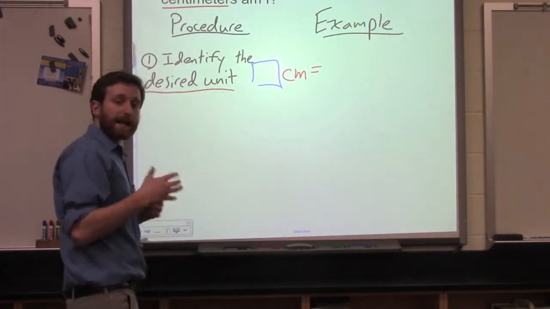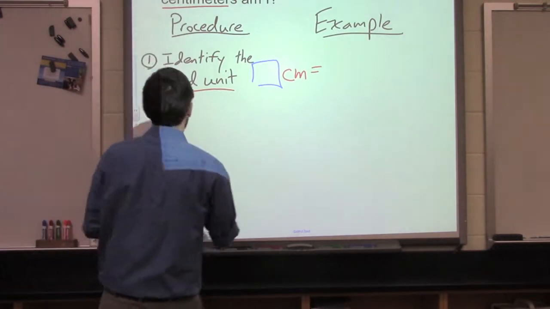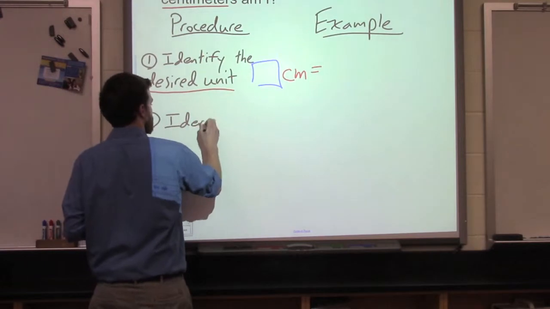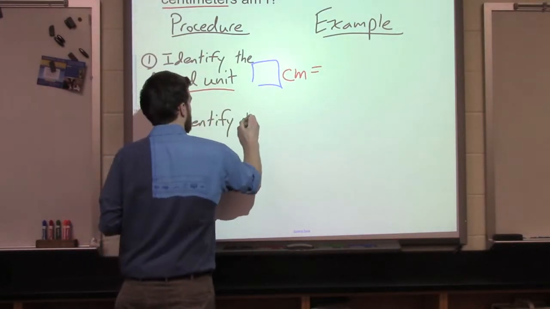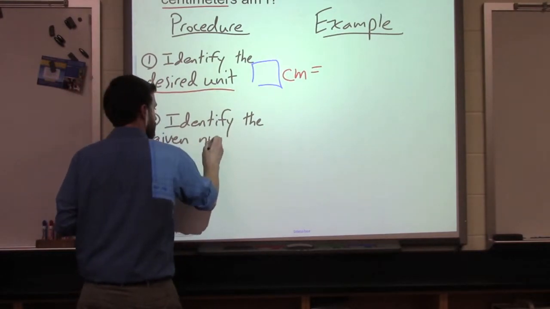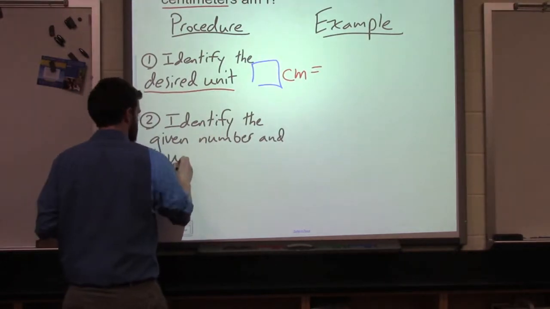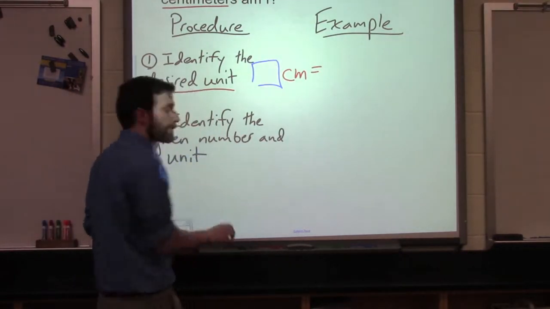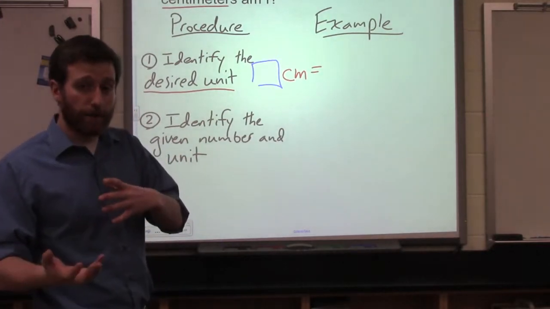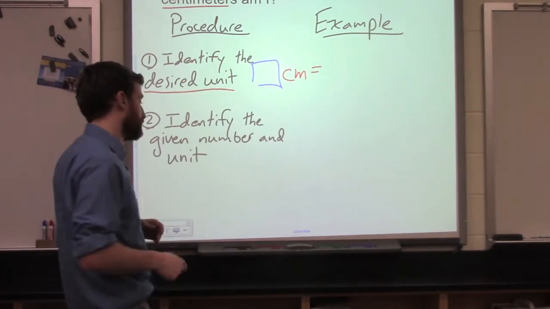So the next step is I got to find what the question gives me to start with, the given. I want to find the given number and unit, because I have to convert a number into a different number with a different unit. So there's always a number and a unit.